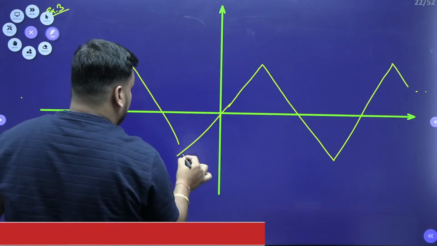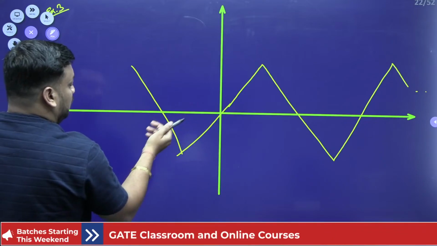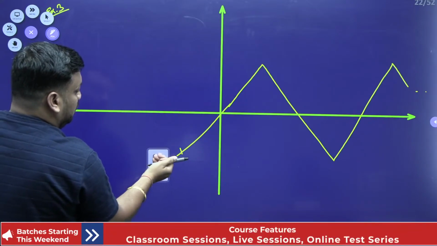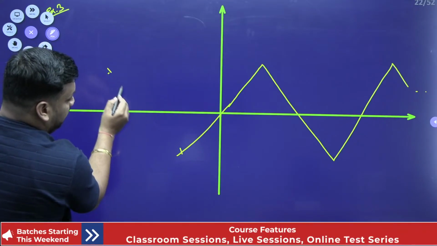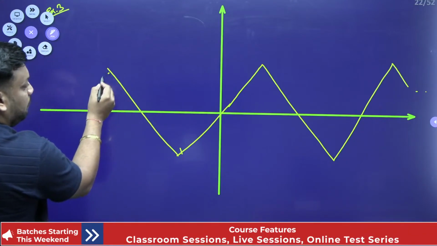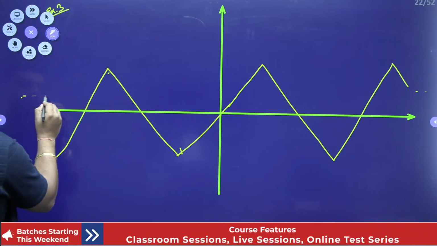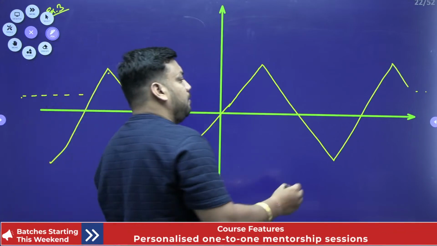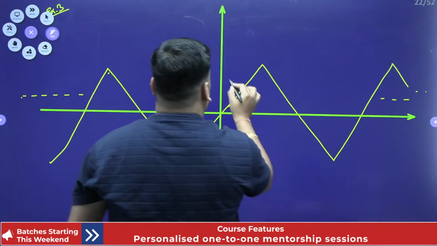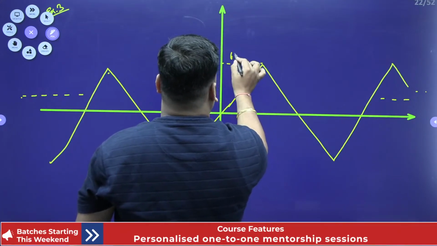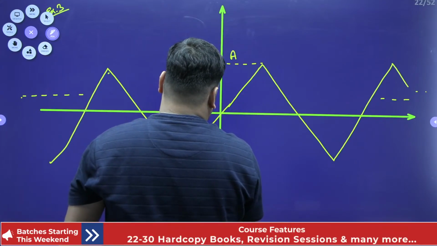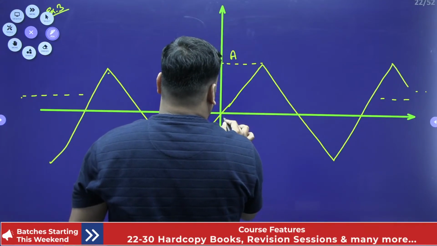Now this is the signal. Here we have plus A and here we have minus A. Here we have 0.